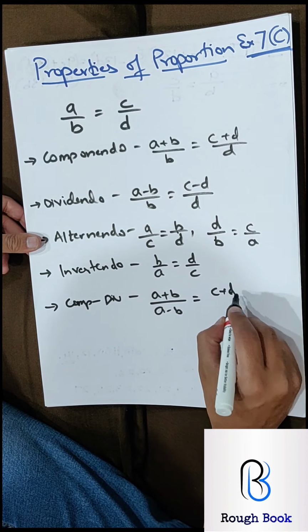So 3a minus 5b over 3a plus 5b. Likewise on the other side. Did we manage to prove what we wanted to? Yes, we did. Simple. These are just basic questions for us to build and understand the properties of proportion.